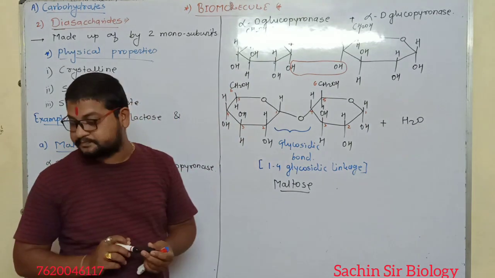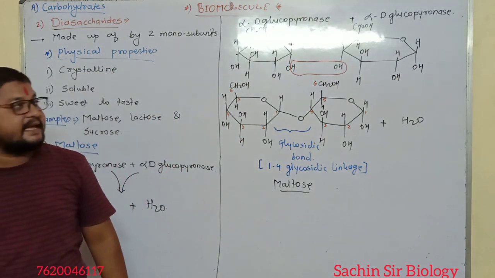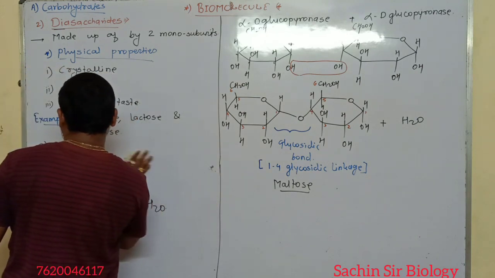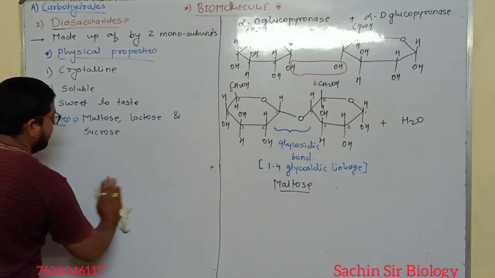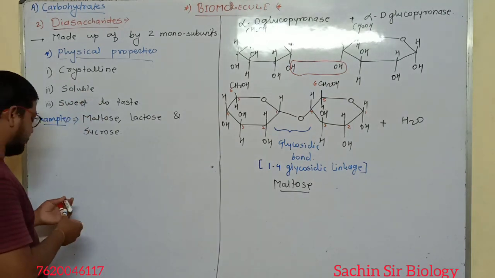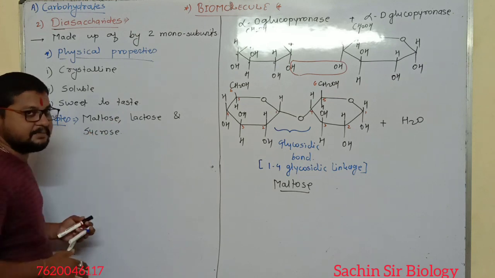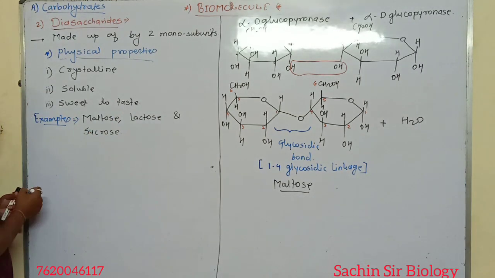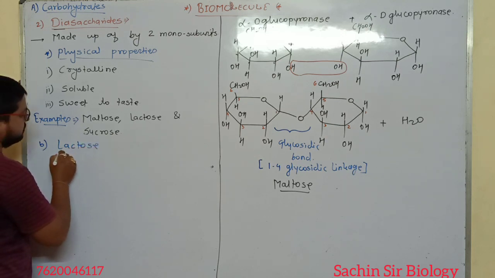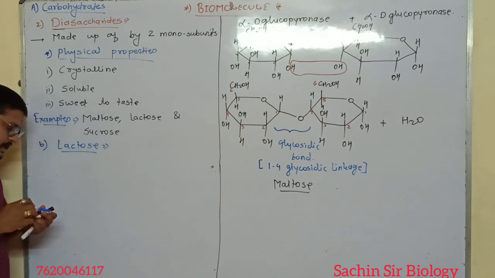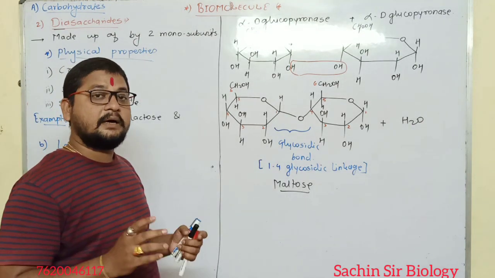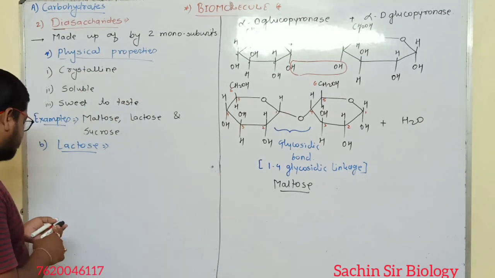Understand? That's all. After that, let us take another example. The second example we take is lactose. Now, lactose is a disaccharide and it is also produced by two subunits.